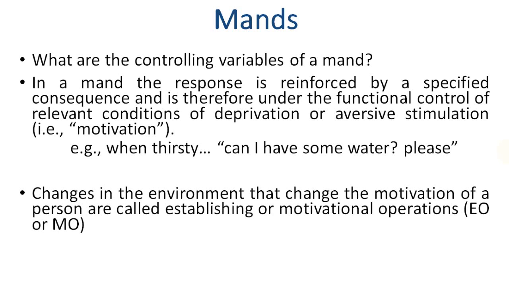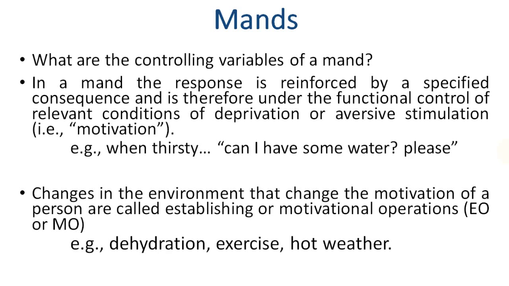Now, changes in the environment that change the motivation of a person are called establishing or motivational operations, as I mentioned at the beginning of this lecture. Dehydration, exercise, weather, those are conditions that would increase the probability of demanding some water from a social stimulus in our environment.